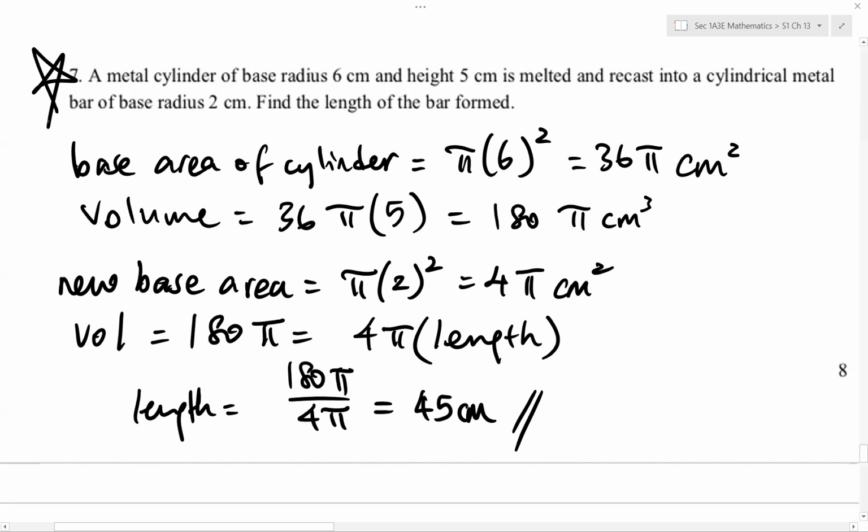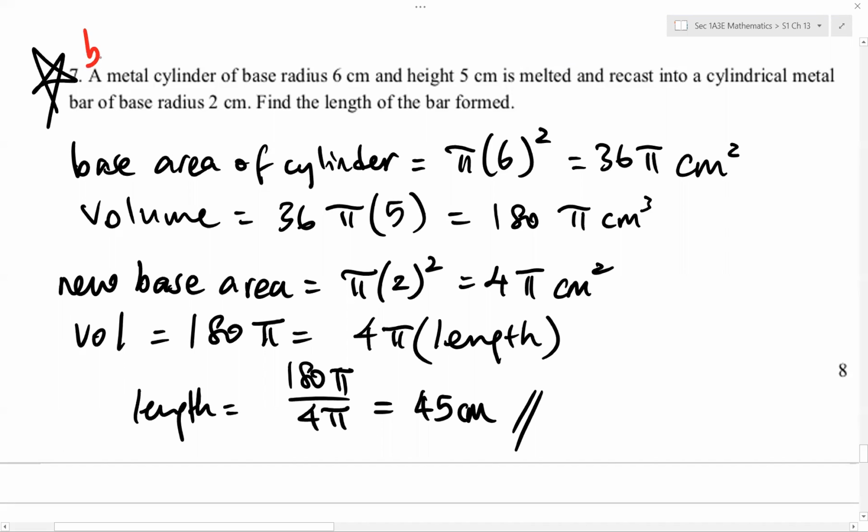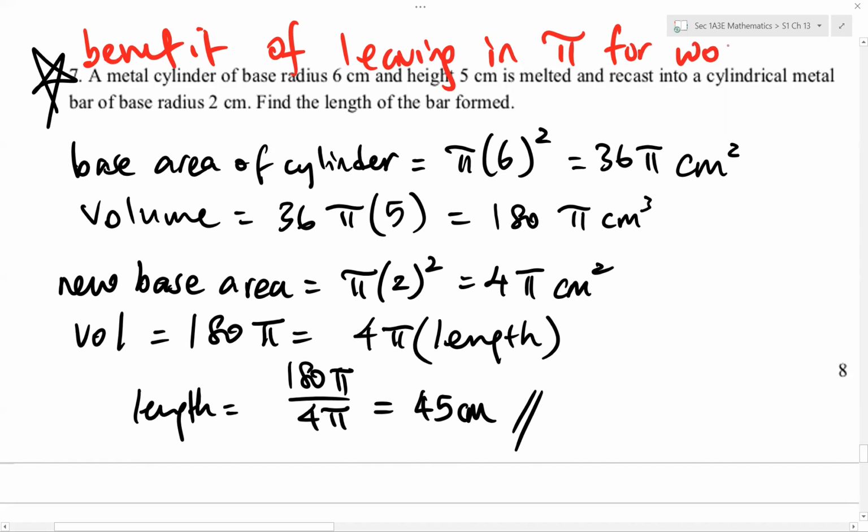So in this question, put a star. This is the benefit of leaving it in terms of pi for working. Get an exact answer.